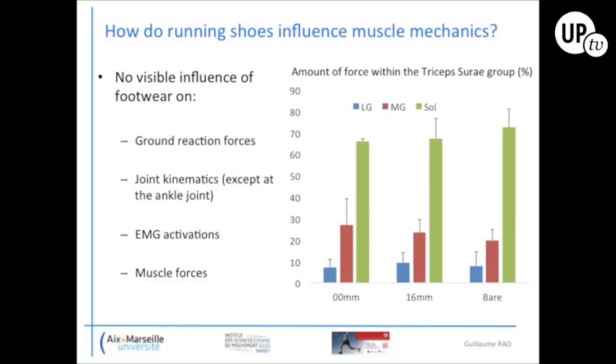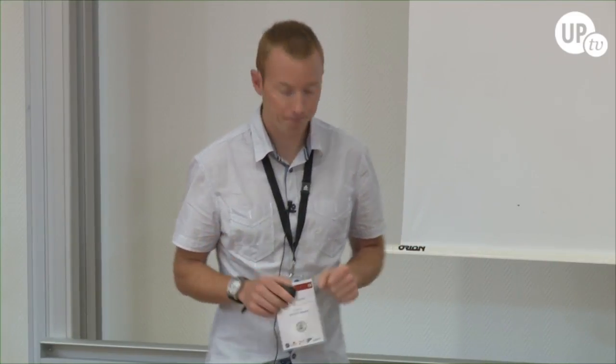Here, I plotted the amount of force within the triceps surae that is produced by each muscle, so the lateral gastrocnemius, the medial gastrocnemius, as well as the soleus muscle, depending on the shoe conditions. What you can see is that there is a slight decrease, but it's not significant. So the amount of force produced by each muscle within the triceps surae muscle group is kept constant, whatever the shoe condition.